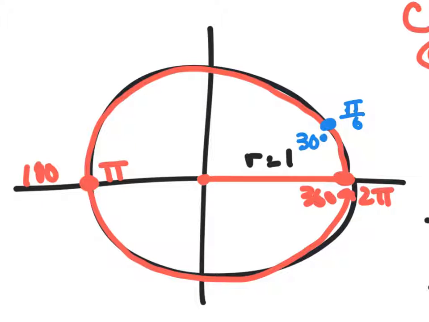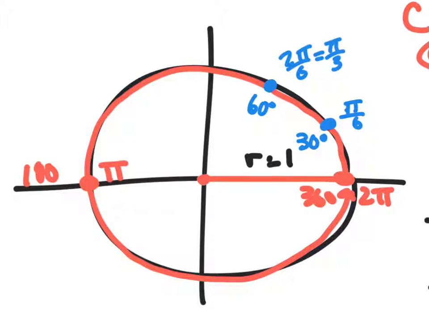So 30 degrees, I'm going to add on to that, and I'm going to have 60 degrees. Okay, so if I add another 30 degrees here, I have to add another pi over 6 radians, which is going to give me 2 pi over 6, which is really just pi over 3 radians. Okay, so we're not going to use 2 pi over 6, we'll use pi over 3.